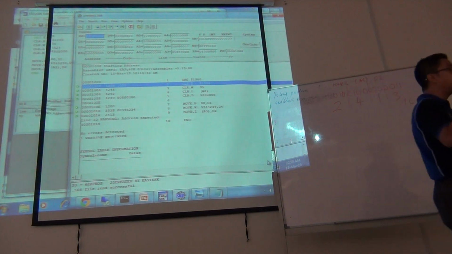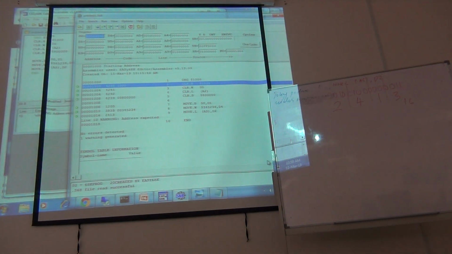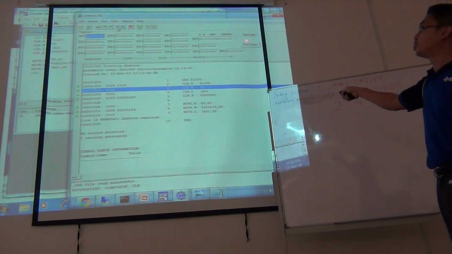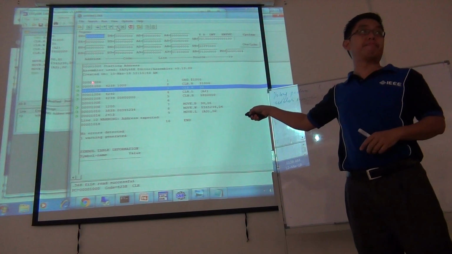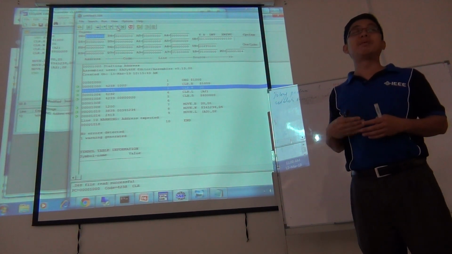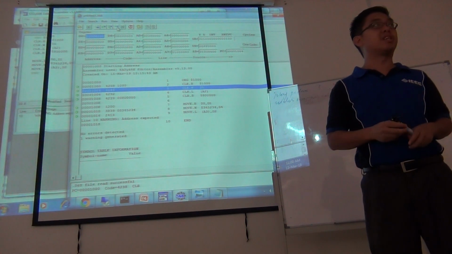If I go to the next step, you look at the program counter, it has now changed to 1004. The next execution must be this one. That is the meaning of program counter.